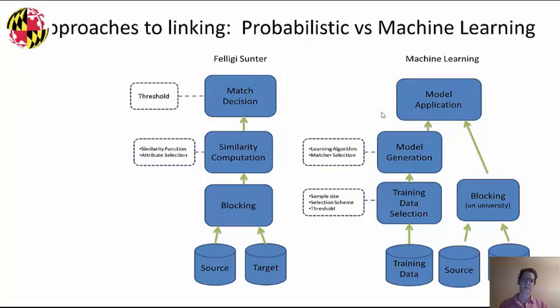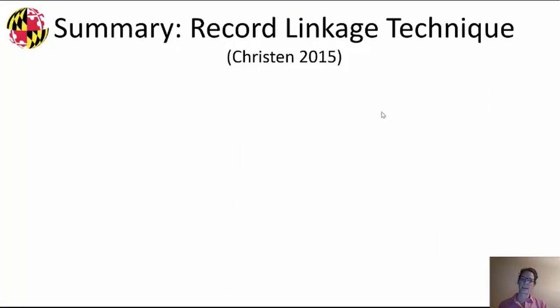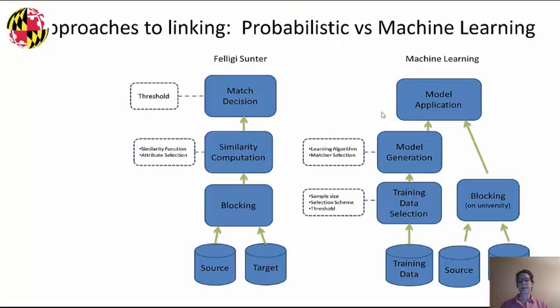So just here one example for a visual comparison for probabilistic versus machine learning approaches in linking. And we have our source file and target file. We can use the blocking strategy, do a similarity computation, and have a matching decision in the Fellegi-Sunter approach.